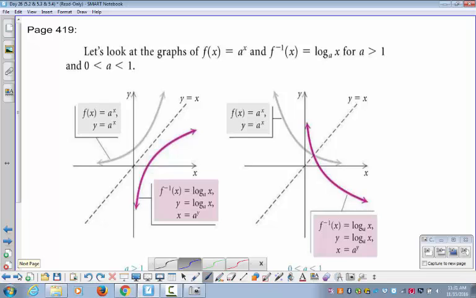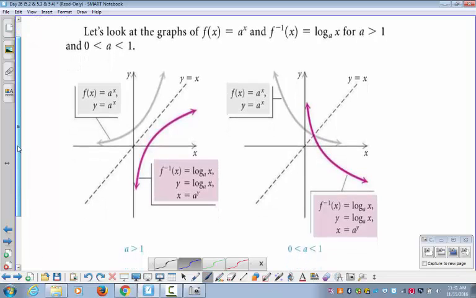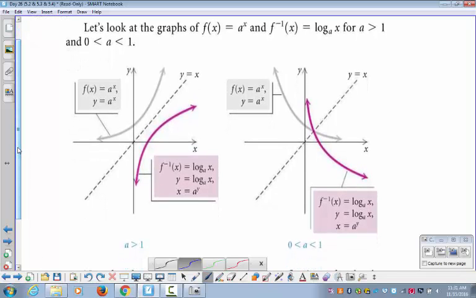All right. So now we're going to analyze this whole inverse piece. So let's take a look here. If we have the function a to the x, an exponential growth function, it's going to look like that. The inverse of it, geometrically, is the reflection through the line y equals x.